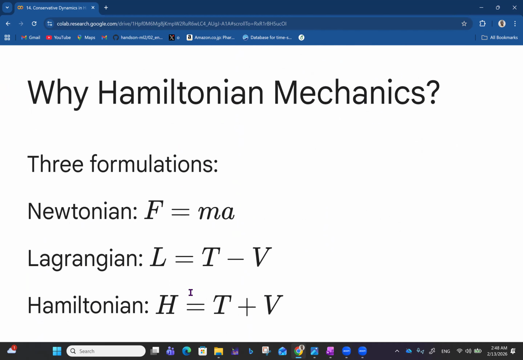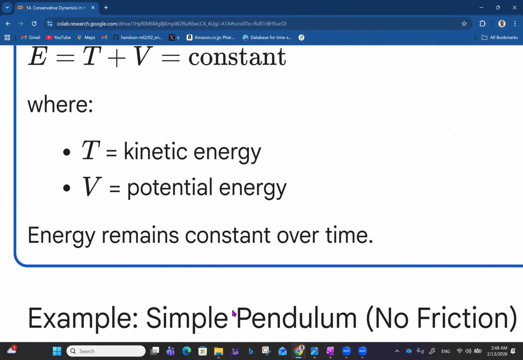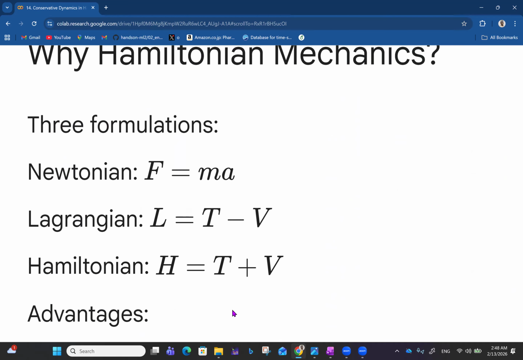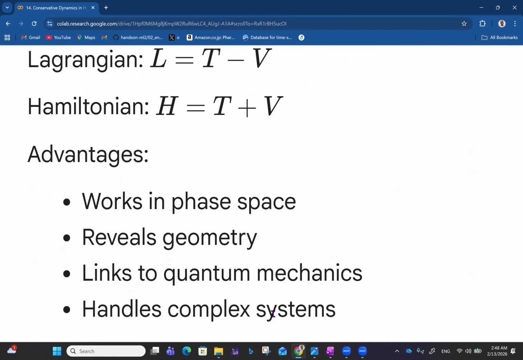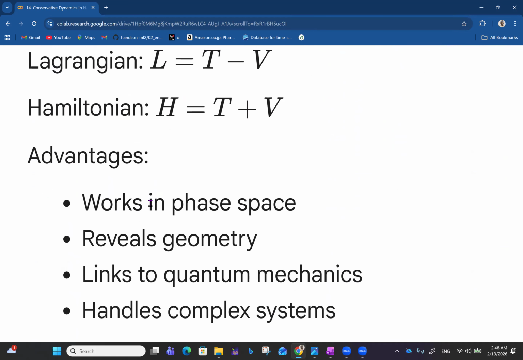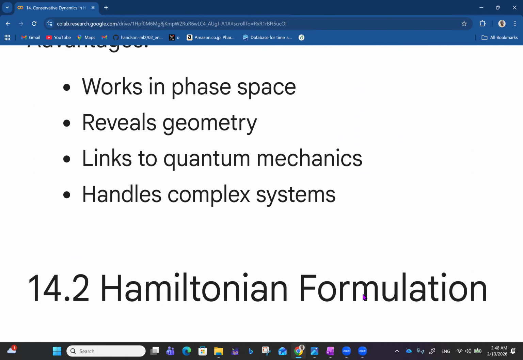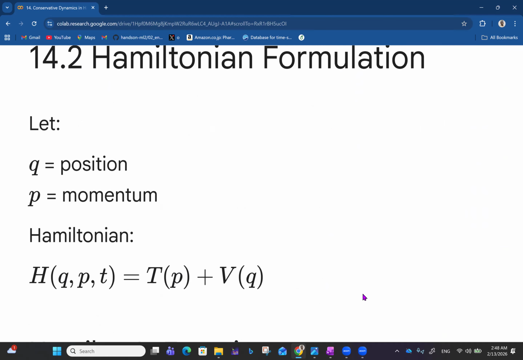And the Hamiltonian tells us that H is equal to kinetic plus potential. The advantages are that this works in phase space, it reveals geometry, links to quantum mechanics, and handles complex systems too.